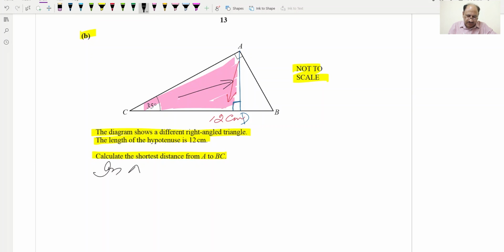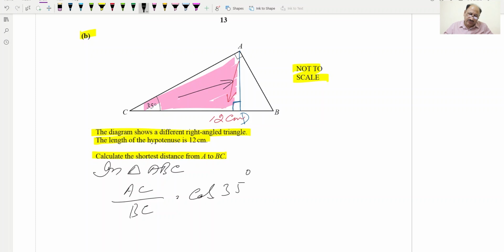So we write in triangle ABC, AC over AB, adjacent over hypotenuse, which is BC. So this is equal to cos of 35 degrees.